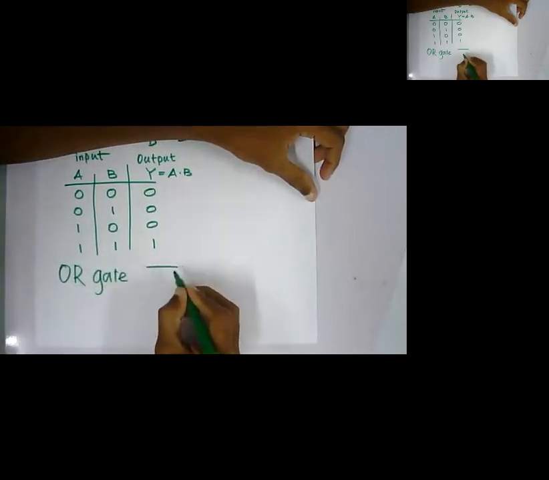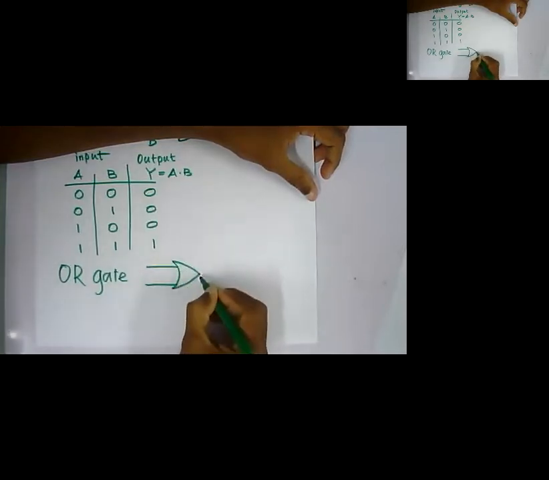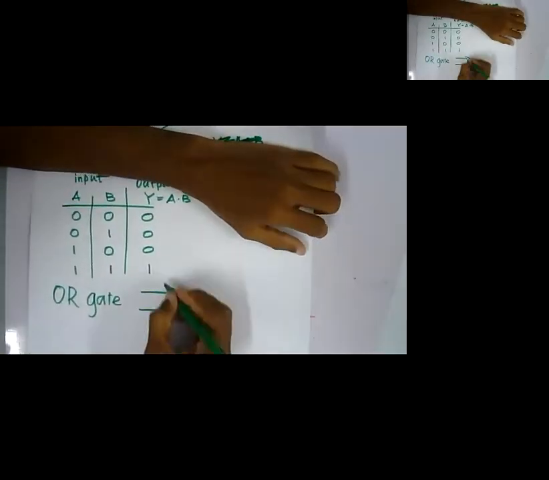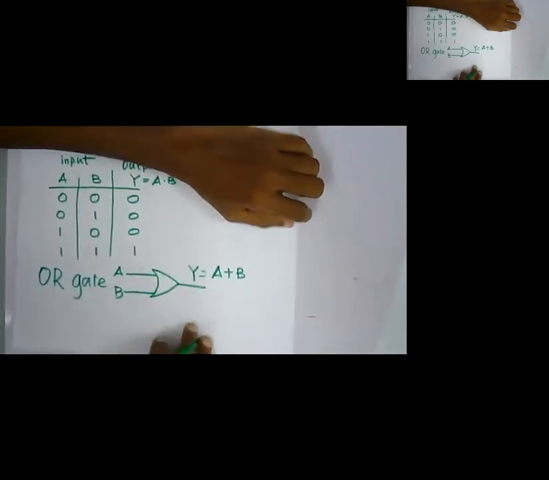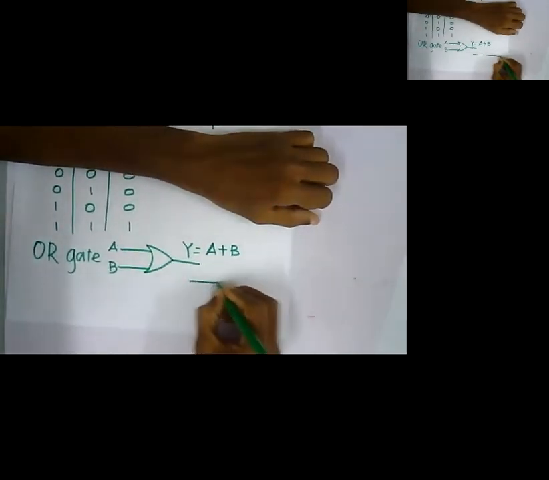The third operator is the OR operator, the OR gate. Similar to the AND gate, it has two inputs, but it has a crescent shape, not like a D. You will have a curved structure. With inputs A and B, Y is A plus B. Let me draw the truth table.